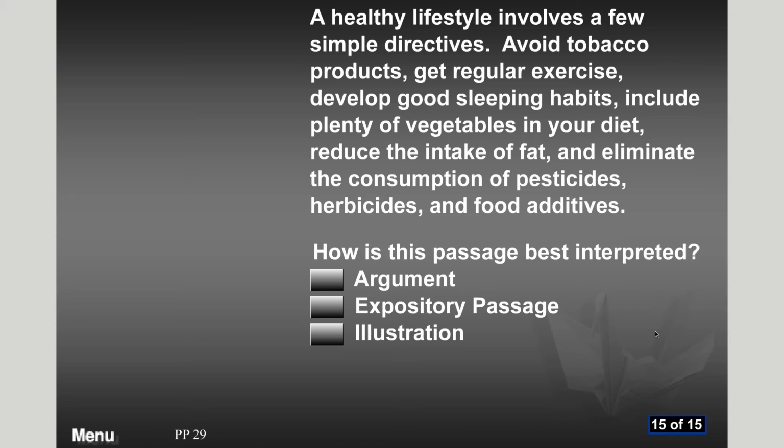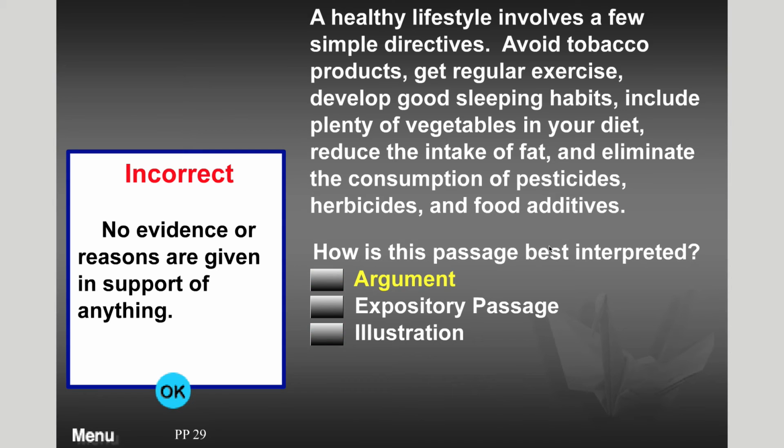A healthy lifestyle involves a few simple directives. Avoid tobacco products, get regular exercise, develop good sleeping habits, include plenty of vegetables in your diet, reduce the intake of fat, and eliminate the consumption of pesticides, herbicides, and food additives, right? So, is this an argument? Well, let's see. No evidence is given in support of anything, right?